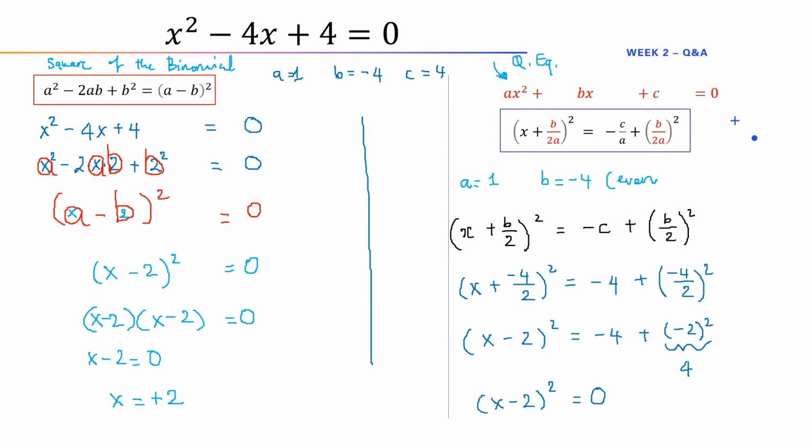So you can use either method to solve this problem. You can also plug in this formula, but because a equal 1, it just simplifies to here, right?